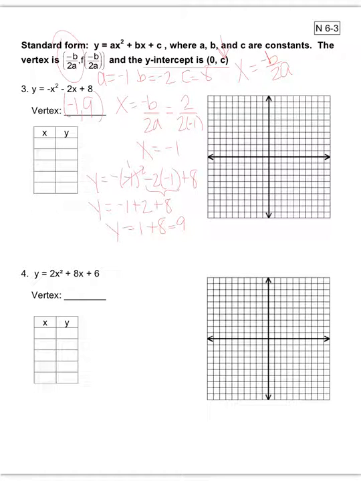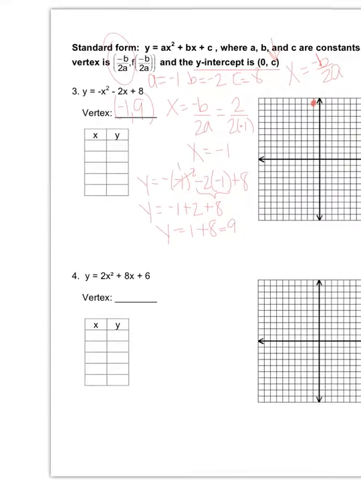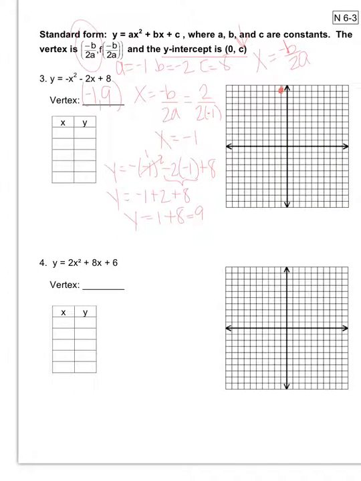So negative 1, 9 would be your vertex. I'm going to go ahead and plot that. So that point there. Okay, so we're going to go ahead and put that in our table here.